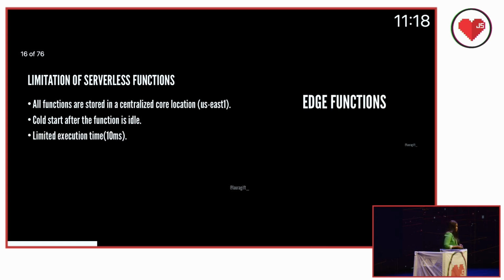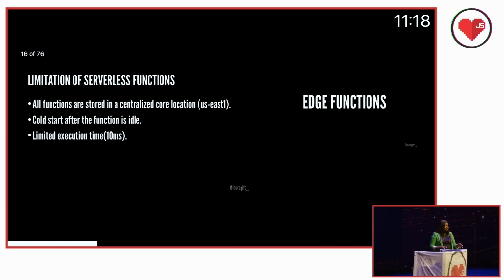Lastly, it has also limited execution time. Now, it depends on the provider you are using, but sometimes functions also have a limit to how long they can run. The most common one that I've seen is 10 milliseconds. Normally your function should do just one thing and only one thing, but if you have a function that runs multiple things, and the execution time goes over like 10 milliseconds, it is always going to fail.